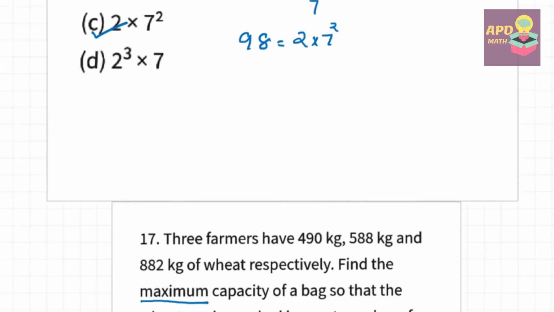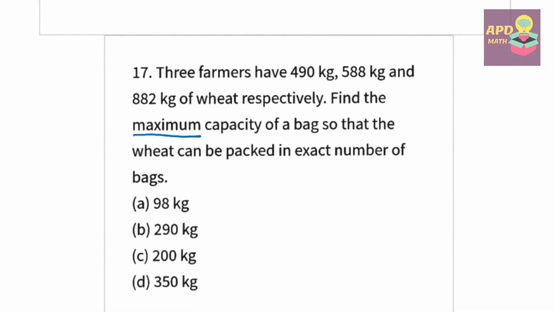Now the next question, 17th question. 3 farmers have 490 kg, 588 kg and 882 kg of wheat respectively. Find the maximum capacity of a bag so that the wheat can be packed in exact number of bags.